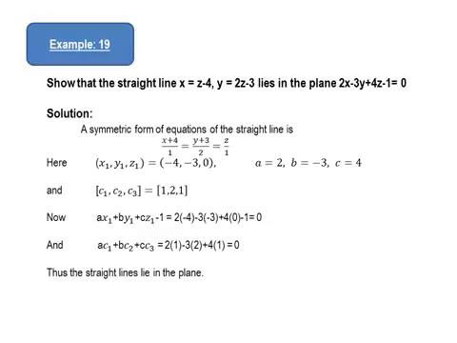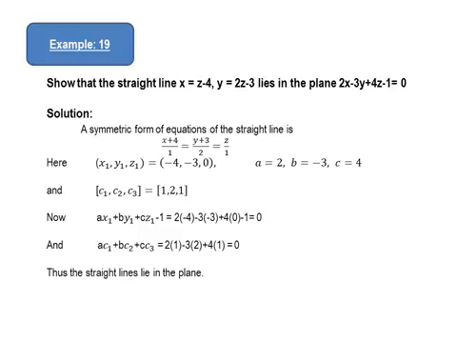Here the point with coordinates x1, y1, z1 is given by -4, -3, 0, where a, b, c, which are the coefficients of the equation of the plane, are given by a = 2, b = -3 and c = 4. The direction ratios c1, c2, c3 from the symmetric form of the equation of the straight line are given by 1, 2, 1.